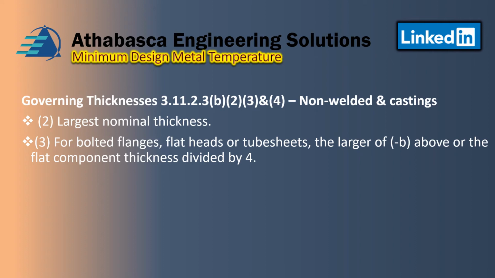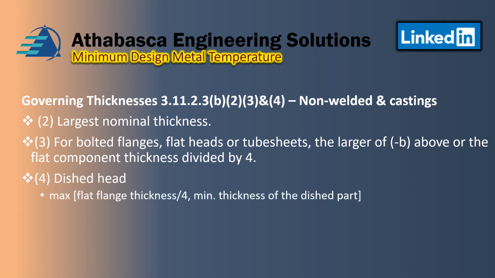So it's similar rules to welded or cast parts, and also very similar to Division 1. And for dish heads, we take the flat flange thickness divided by 4, and this is the maximum of these two variables, or the minimum thickness of the dish part, whichever is larger.